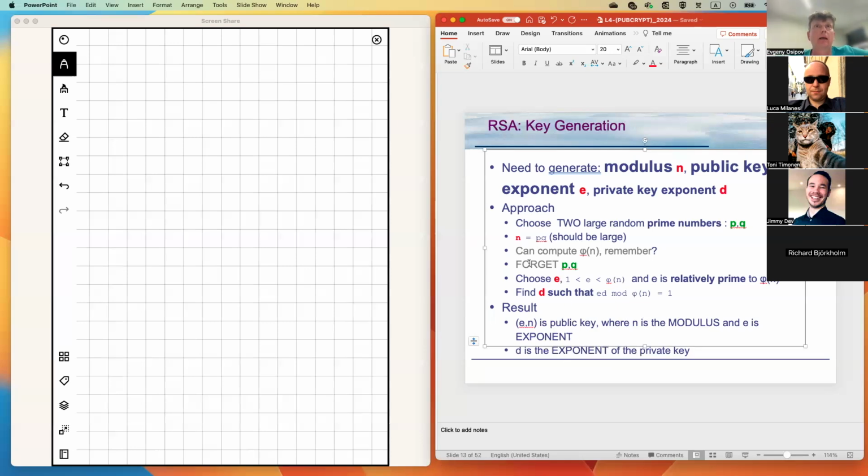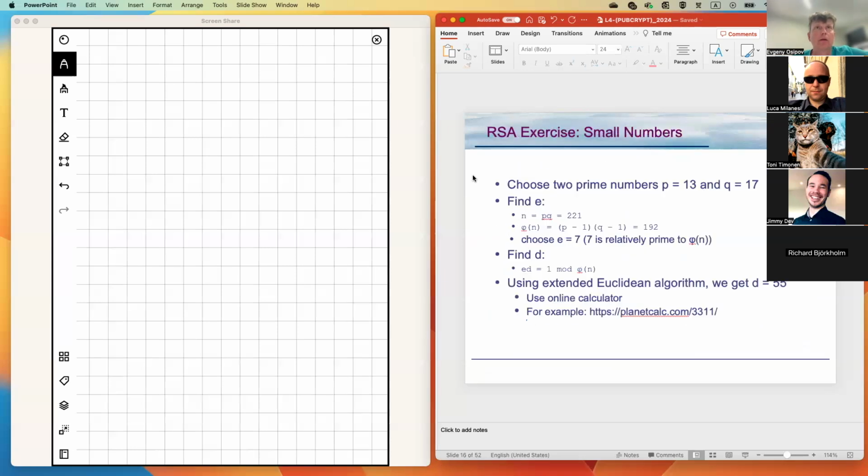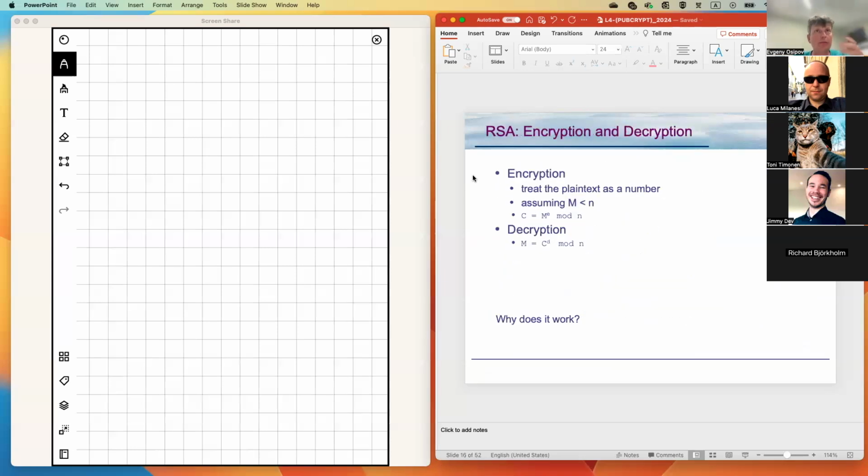So that's for encrypting a certain message M. And M in this case should be converted to a number. You take this M, the message, so this number, raise it to the power e, and take the modulus. So this is the encryption.